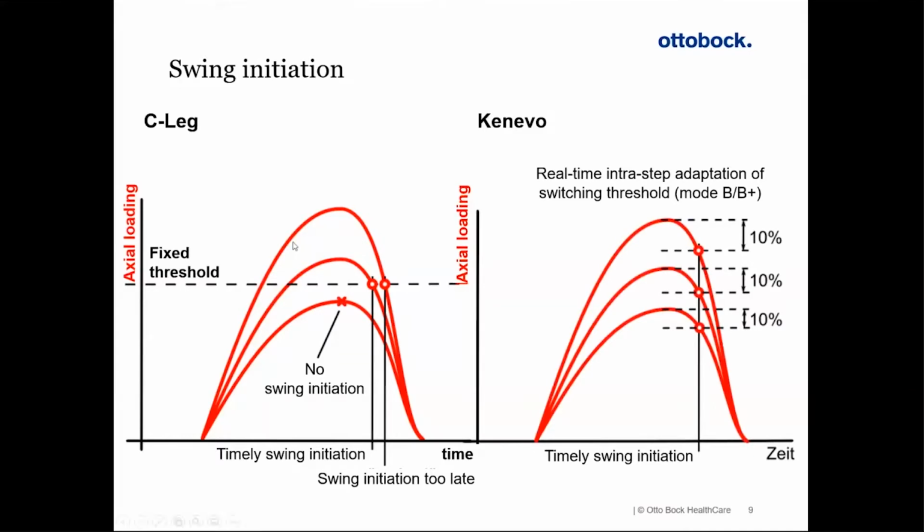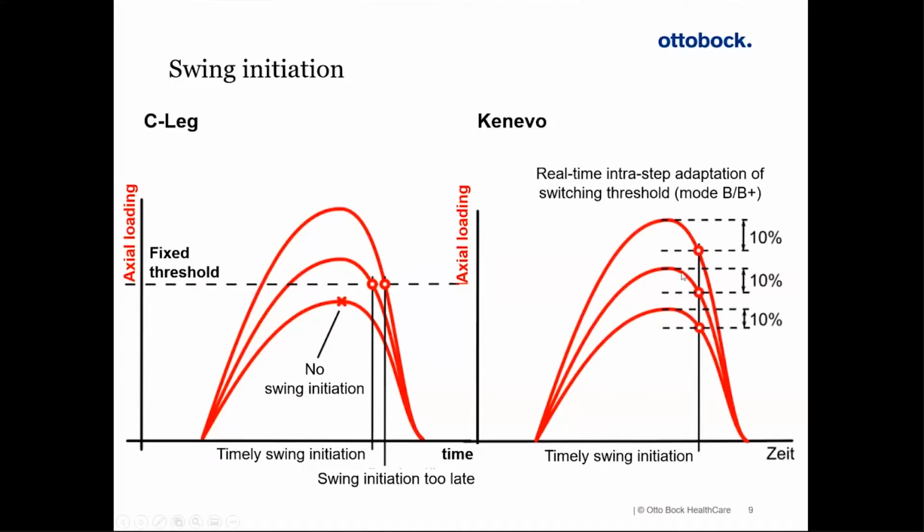Mode C is very similar to the swing initiation in the CLEC, but in mode B and B plus, the microprocessor of the Kenevo monitors the actual loading for every single step and determines the peak of the actual loading for every single step. Once the actual loading declines, swing is initiated when the actual loading reaches 90% of the peak value for that step. So when the actual loading is reduced 10% below the peak, the swing phase is initiated.